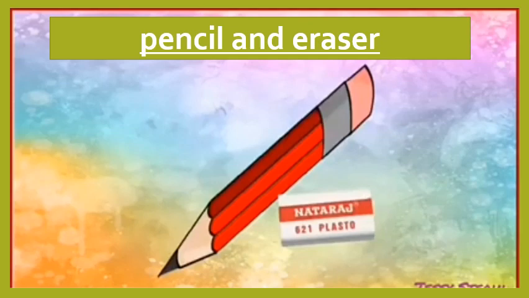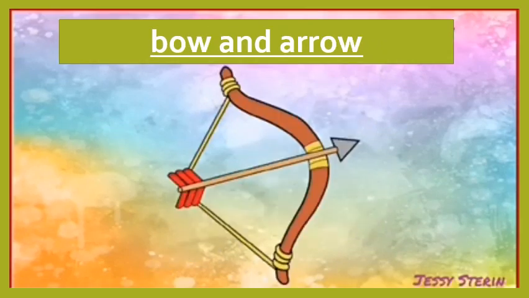So pencil and eraser, these two things come together. So pencil and eraser is also a word pair. Bow and arrow is also a word pair.